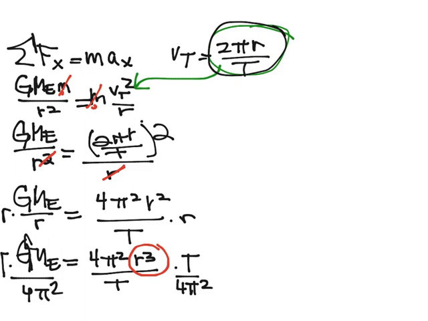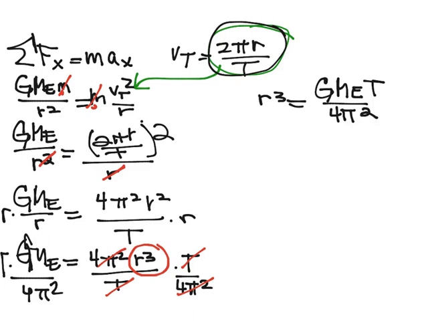So now the 4 pi squareds will cancel out, the t's will cancel out, and I have r cubed equals G, the mass of the Earth, times t squared divided by 4 pi squared. Then to get rid of the cube, I can raise everything to the 1/3 power.